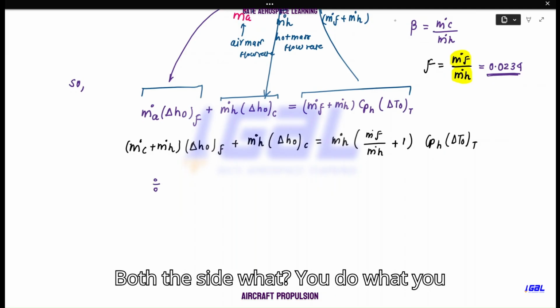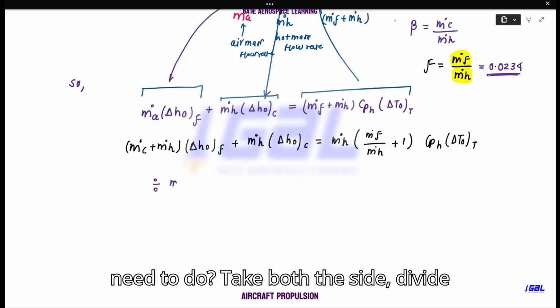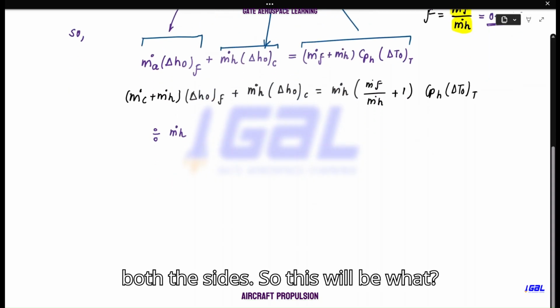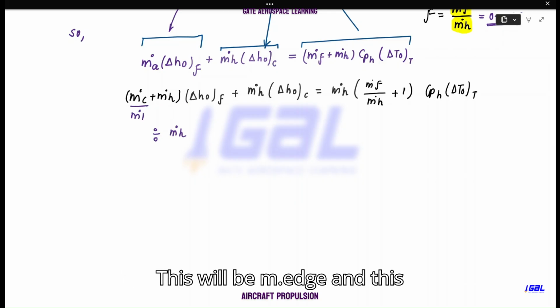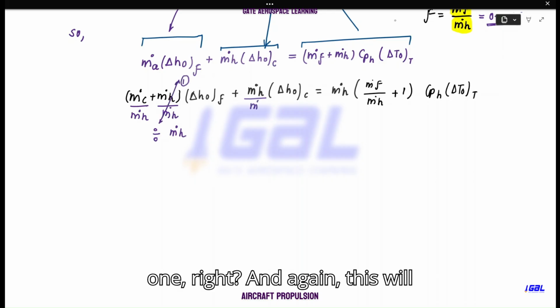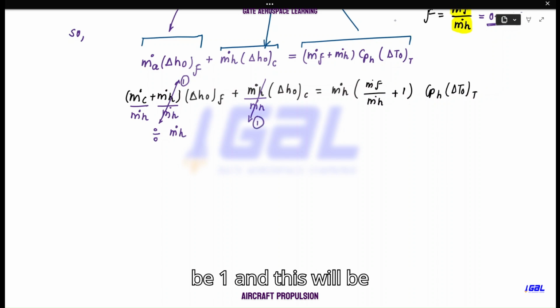Now we'll divide both sides by m dot h. So this will be m dot h over m dot h, and this will become 1, this will become 1, right? And again this will be 1, and this will also be 1, right?